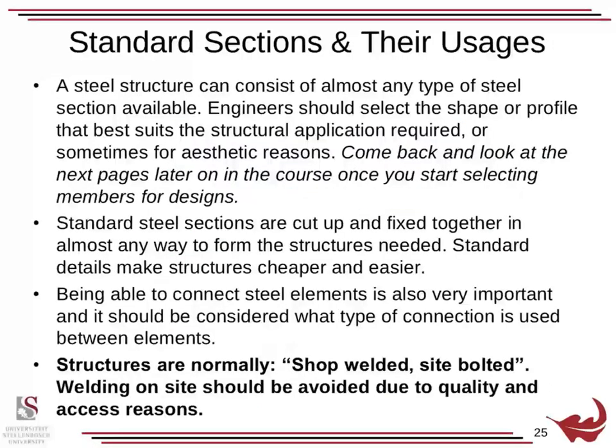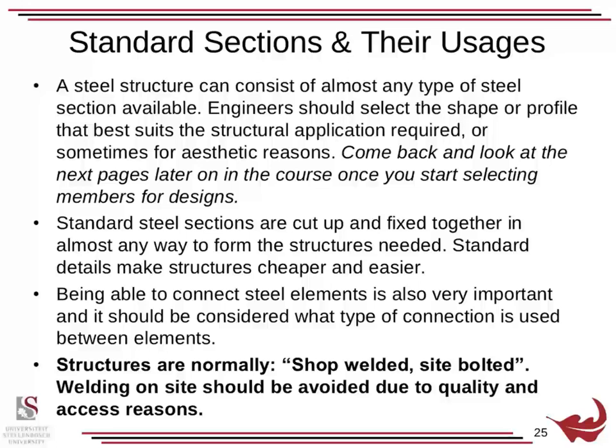So a steel structure can consist of almost any type of steel section available. We as structural engineers need to select the sections that give the best bang for our buck. We need to make the structure as economical as possible and work out how to get to an efficient structure.